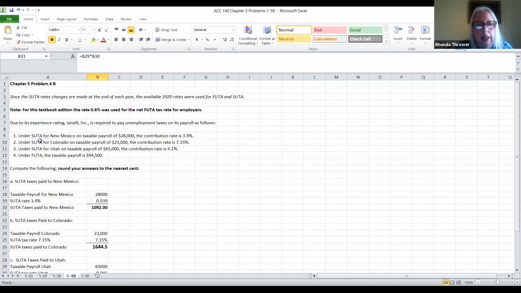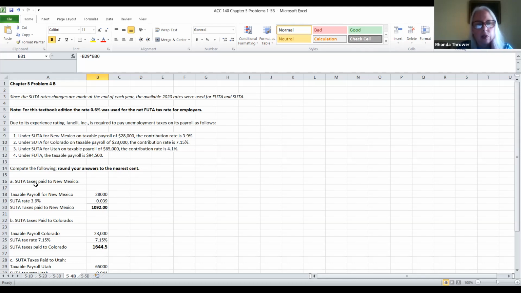So Llanelli is located in New Mexico, and the SUTA taxable payroll for New Mexico was $28,000. So in other words, this employer paid employees an amount of $28,000. The state contribution rate was 3.9% for New Mexico.